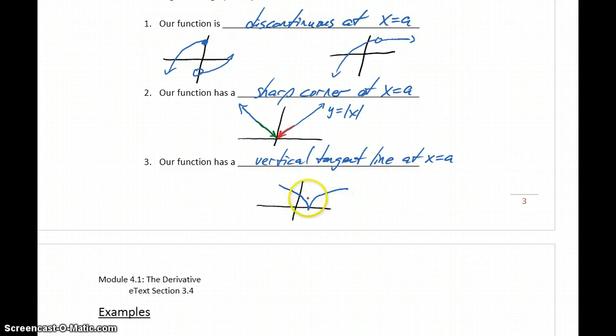The third case would be a rare one for us to consider with business calculus applications, but examples 1 and 2 are things we want to keep in mind. If we're dealing with absolute value functions, there's going to be a point where our function is not differentiable because somewhere we have a sharp corner. And if we have points of discontinuity in our function, either a break or a hole in the graph, again, we're going to have places where our function is not differentiable.